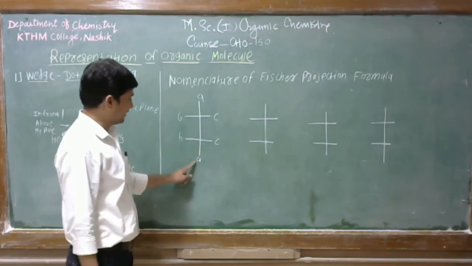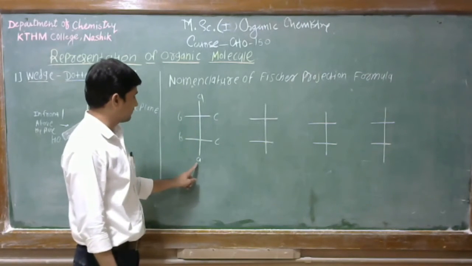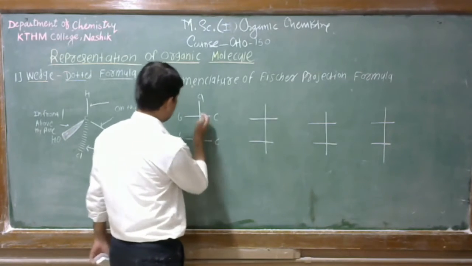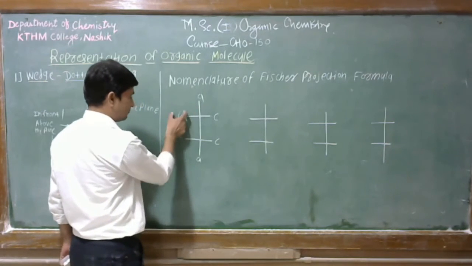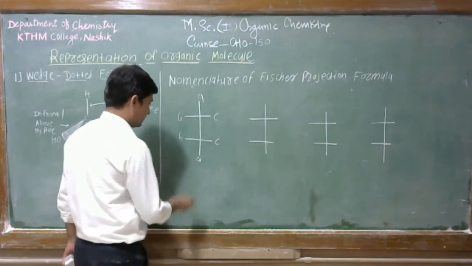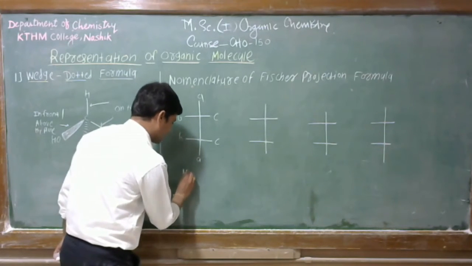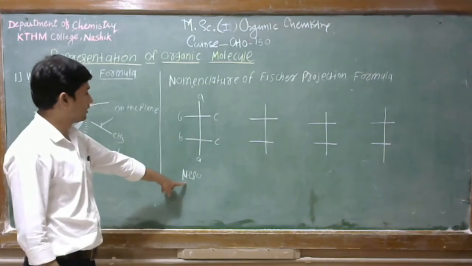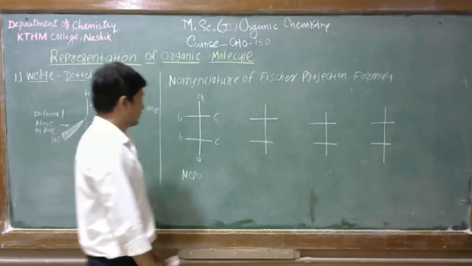On the vertical line, if two groups are the same, on the right hand side if two groups are the same, and on the left hand side if two groups are the same, then this structure is called a meso structure, and the name of the compound will start with meso.